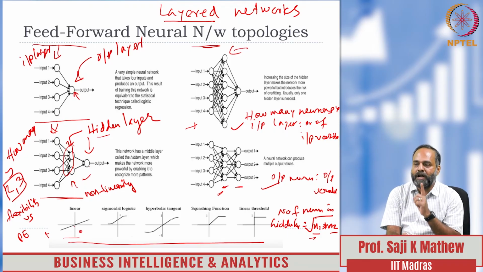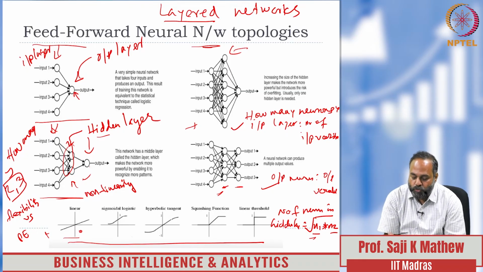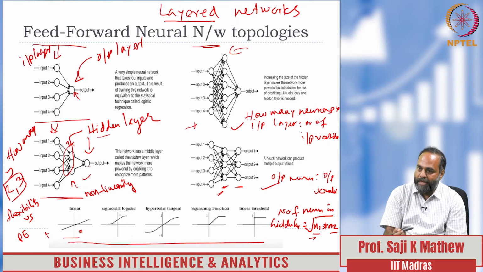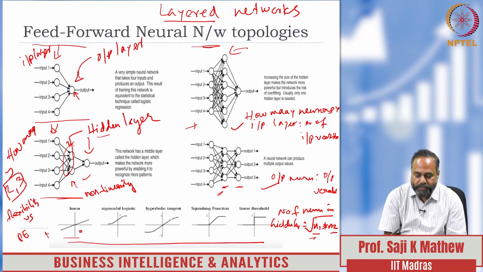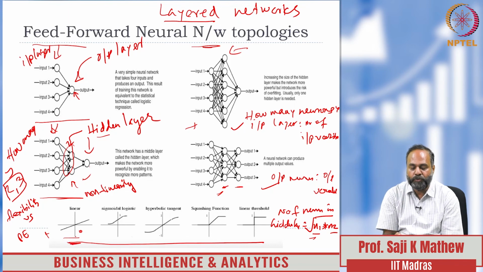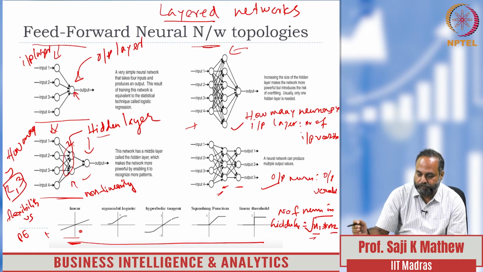For other layers, you can choose non-linear transfer functions like the sigmoid. You can also try different transfer functions and test the performance of models. This has to be kept in mind when you develop feed-forward neural networks for applications that we are discussing in the class.